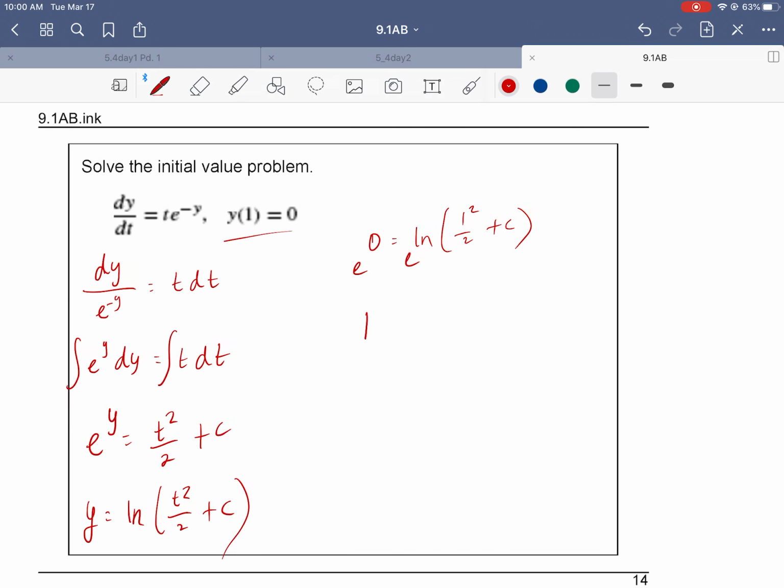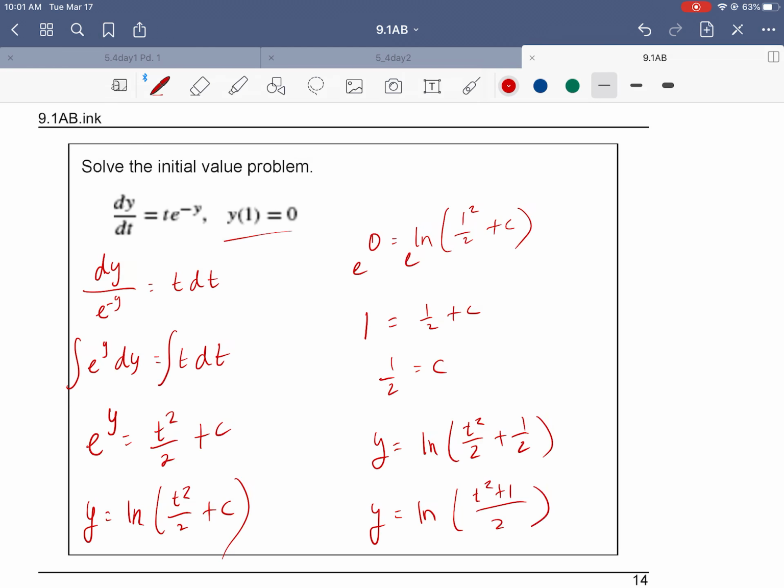E to the 0 is 1. E to the ln is an inverse, so that cancels out. So then I have 1 equals a half plus c, and c equals a half. So y is equal to ln of t squared over 2 plus a half, leave it like that, or t squared plus 1, all divided by 2 inside your ln.